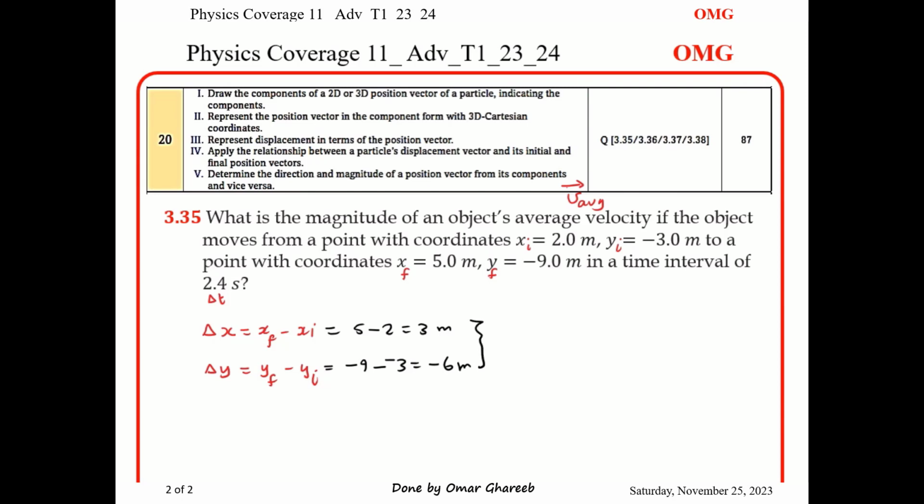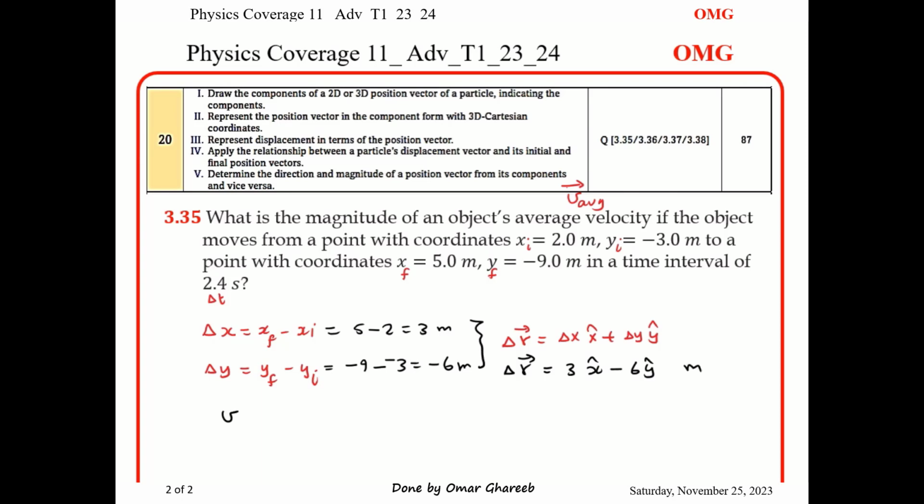Here we can put the displacement vector as delta r equals delta x x hat plus delta y y hat. That gets me delta r equals 3 x hat minus 6 y hat in meters.